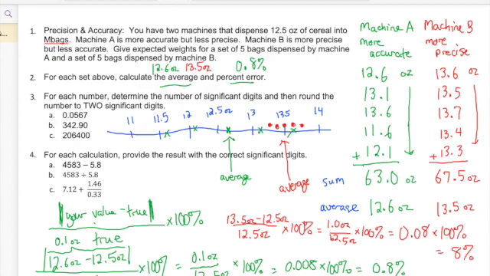So that makes sense because the difference here is 0.1 ounce and this is 1 ounce. So it's 10 times bigger in ounces. It's also 10 times bigger in percent.